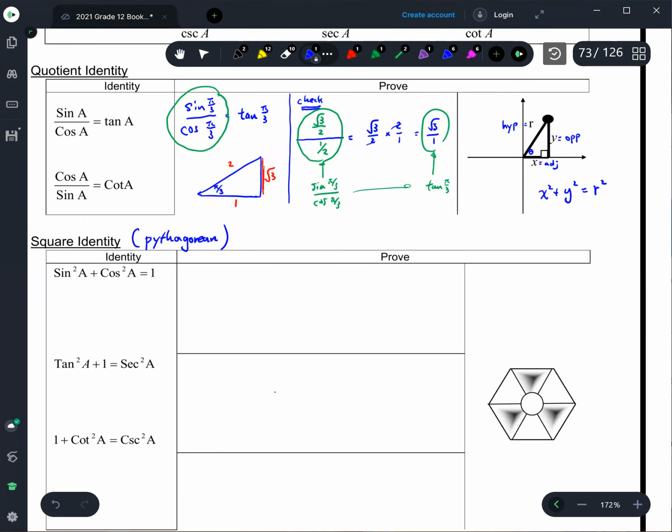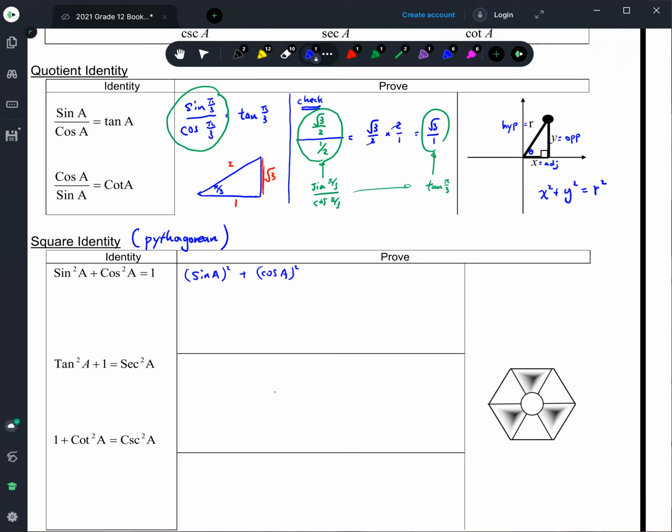So here we have sine squared A, which means sine A squared. They mean the same thing. And cosine A squared. We want to somehow turn this into one. The identity tells us that if you square them and add them up, they should equal one.